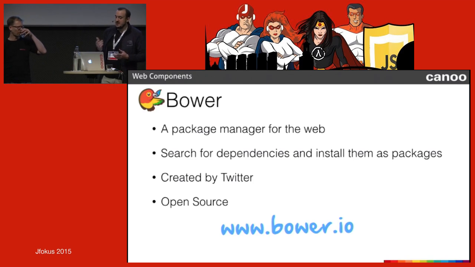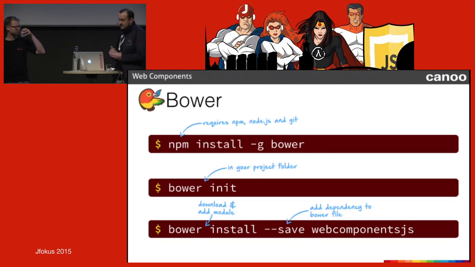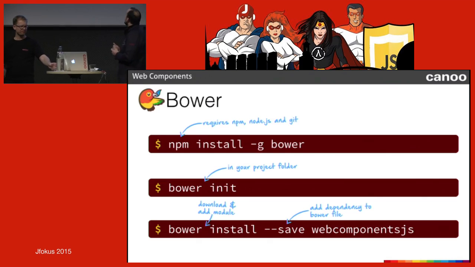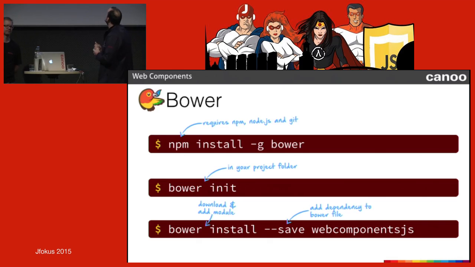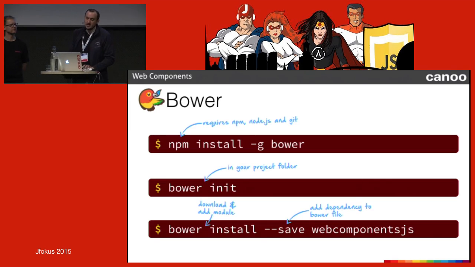There are three simple commands to install Bower. You just type the first line, but you need Node.js and Git and all the stuff to install it. But once it's installed, like using Git, you can go into your project folder and just call bower init. By doing so, it creates the bower.json file. It's a JSON file that is the Bower description.